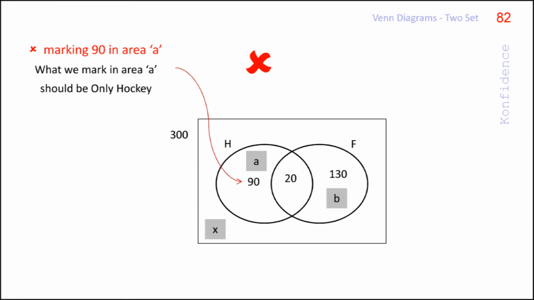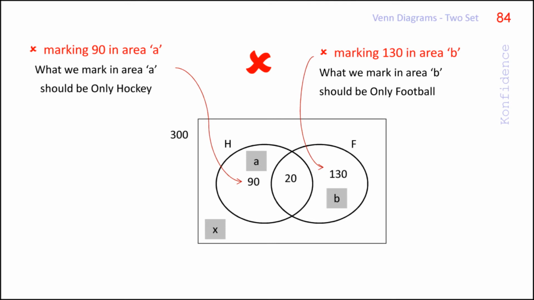What we mark in area A should be students playing only hockey. 2. Similarly, marking 130 inside the football circle is also not correct. What we mark in area B should be students playing only football.